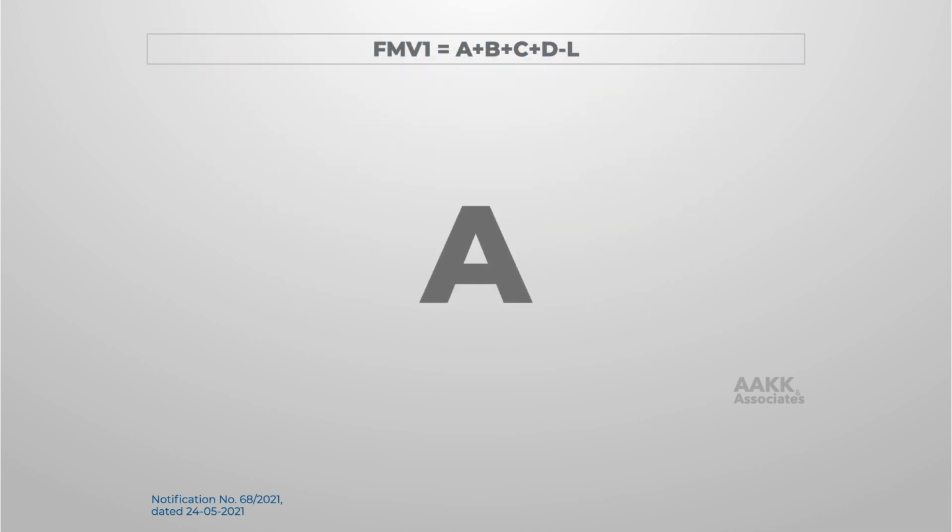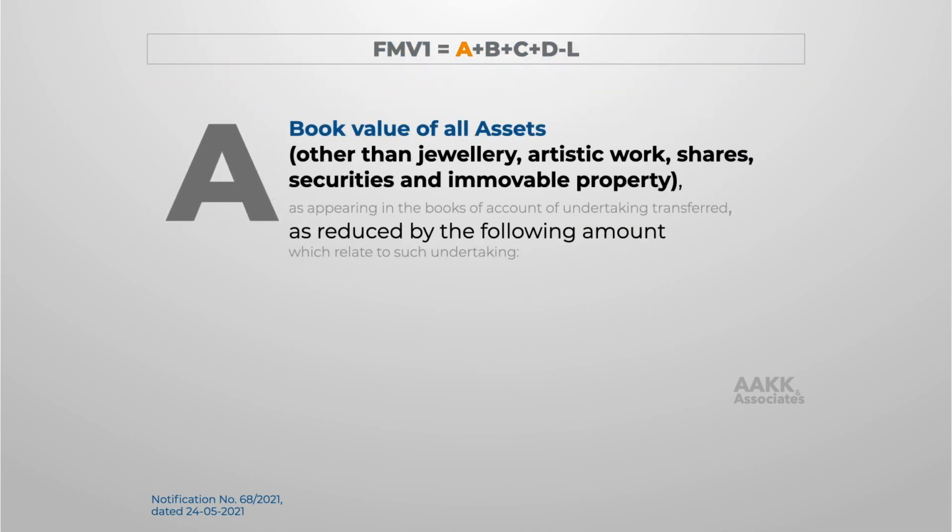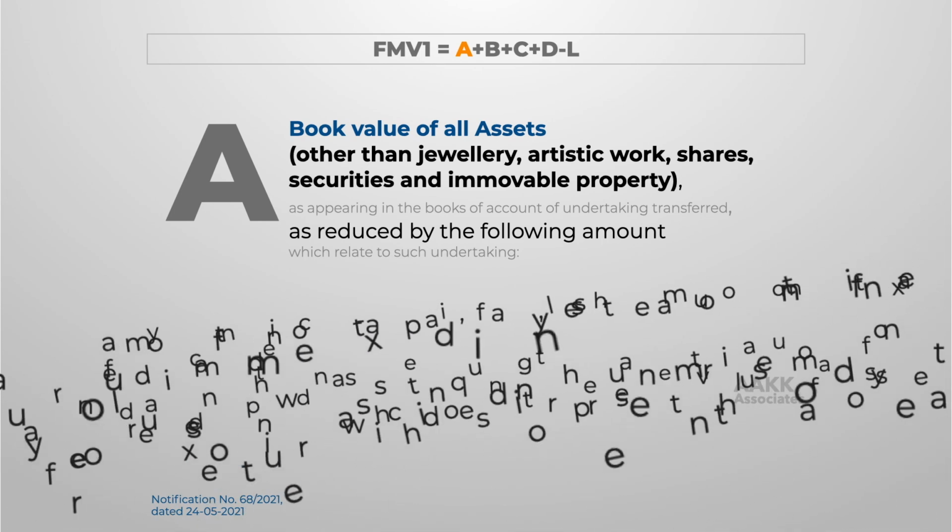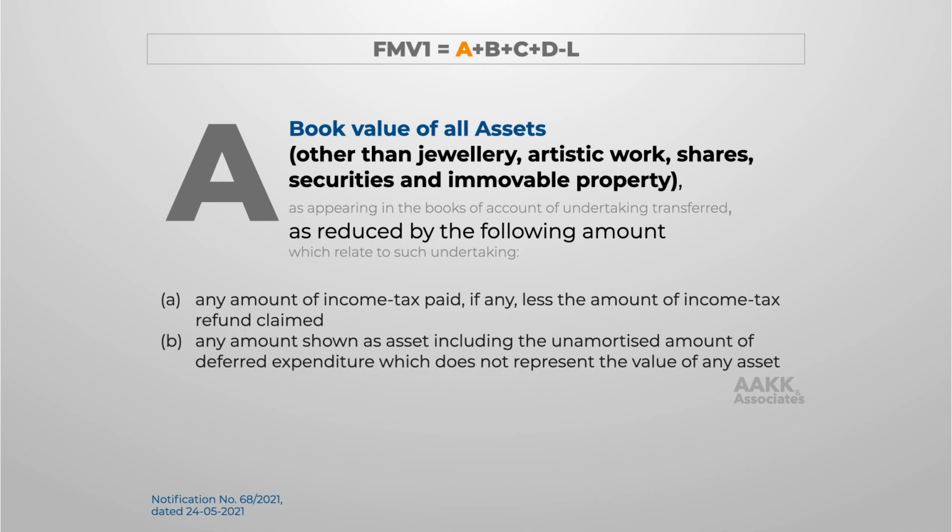Component A. Component A is the book value of all assets, other than jewelry, artistic work, shares, securities and immovable property, as appearing in the books of account of undertaking transferred, as reduced by the following amount which relate to such undertaking. A. Any amount of income tax paid, if any, less the amount of income tax refund claimed. B. Any amount shown as asset, including the unamortized amount of deferred expenditure, which does not represent the value of any asset.